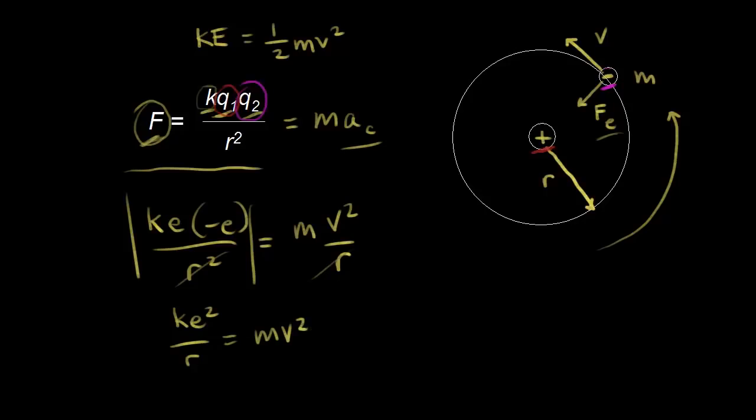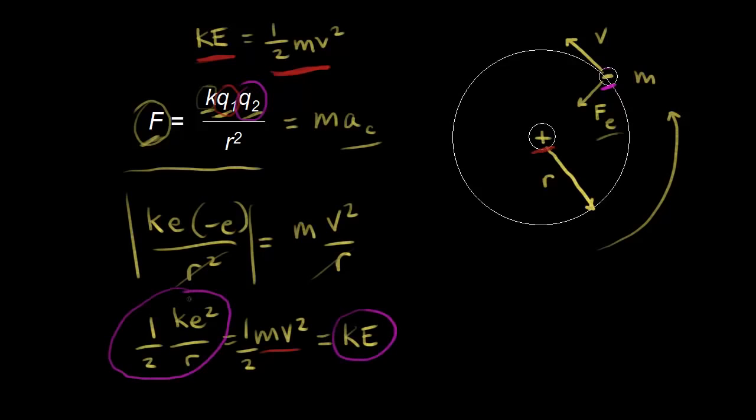And you can see we're almost to what we want. Our goal was to find an expression for the kinetic energy. That's 1/2 mv squared. Here we have mv squared. So if we multiply both sides by 1/2, now we have an expression for the kinetic energy of the electron. So 1/2 mv squared is equal to the kinetic energy. So we know that the kinetic energy is equal to 1/2 ke squared over r.